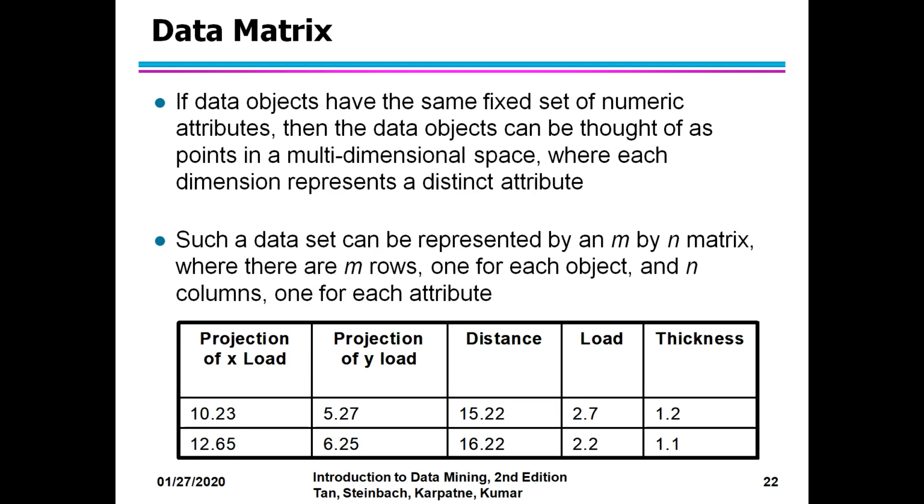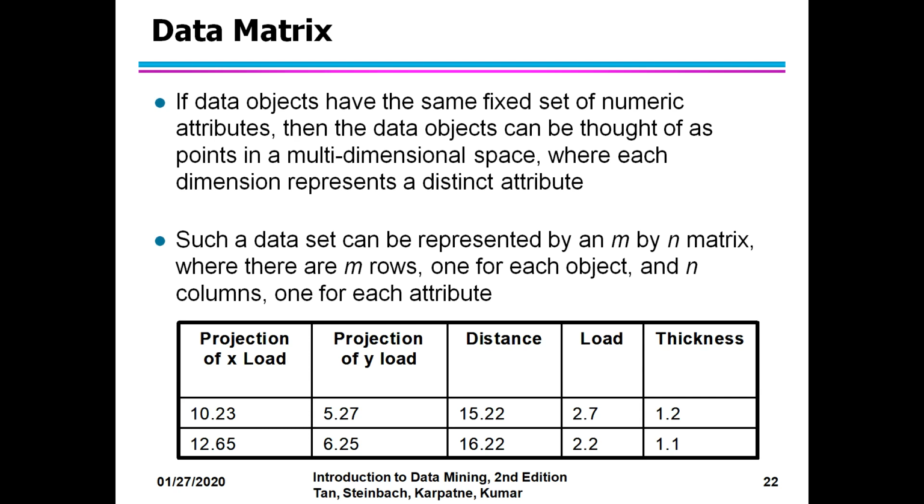Next, coming to the data matrix: if data objects have the same fixed set of numeric attributes, then the data objects can be thought of as points in a multi-dimensional space, where each dimension represents a distinct attribute. So what is being told?